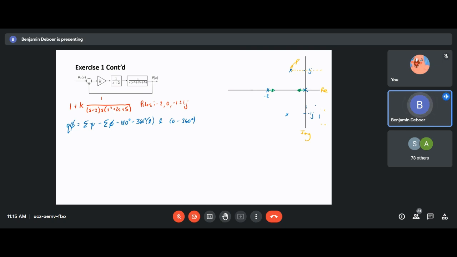What we have to do first is find out what this angle is. And then next we have to find out what this angle is. And then lastly, we need to find out what this angle is. That will be the sum of the angles of your poles. What this allows us to do is determine what angle you're breaking out from these complex poles. So I'm going to go ahead and do that.